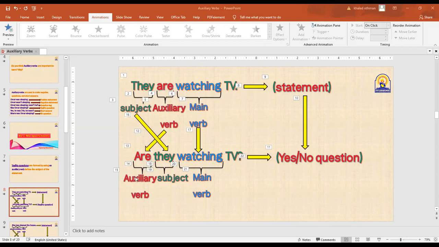We started with the auxiliary verb, not the main verb. So to make yes or no questions, guys, we must start with the auxiliary verb, then put the subject. To make a yes or no question, we need to find an auxiliary verb either from the statement or from our own. We learned last lesson how to form these yes and no questions.